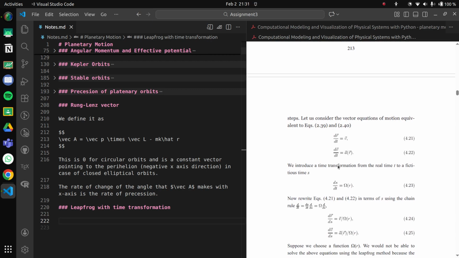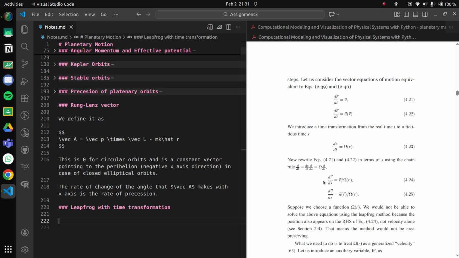So we introduce a time transformation. So rather than just doing d by dt, now they'll do d by ds. So s is sort of like the arc length, and this is a fictitious time, sort of like on a log scale or something like that. I don't really know exactly what they're doing, but the way this works is that ds by dt is a function of r.